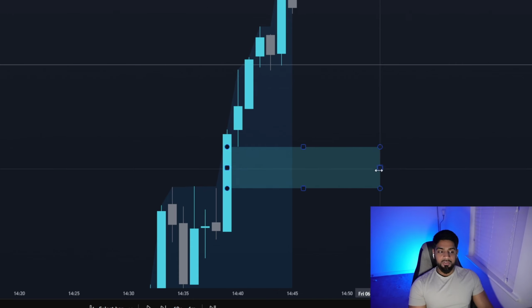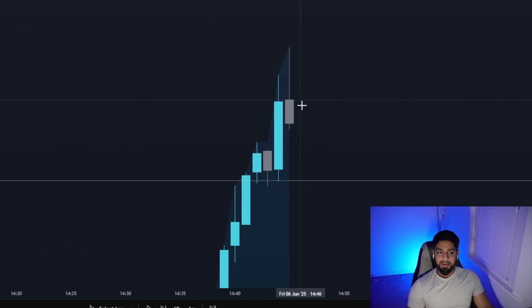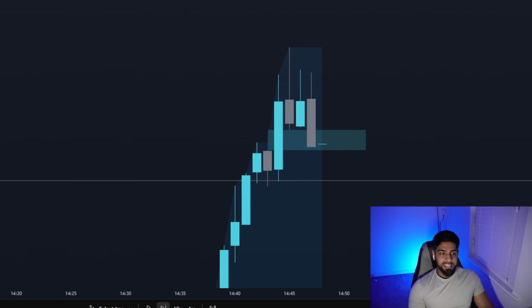However, an inversion fair value gap is simply when price moves rapidly in exactly the same way, creating a fair value gap. However, instead of respecting that fair value gap, we actually disrespect it. So we don't tap into it and then rally away, we simply blast straight through it.